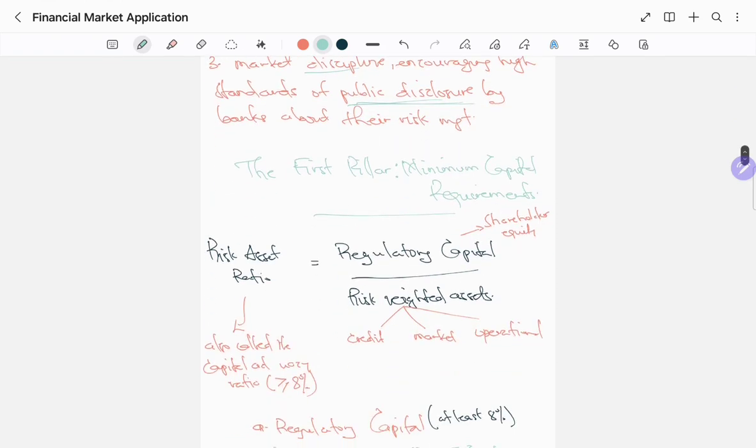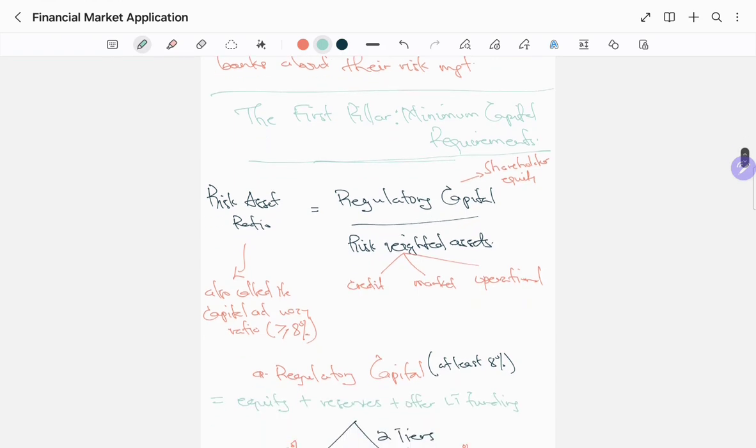Okay, now let's circle back to the first pillar, which has to do with the minimum capital requirement. For a bank, we say your risk asset ratio, which is the same as your minimum regulatory capital, should be a function of your regulatory capital expressed as a percentage of the risk in the various assets you have created.